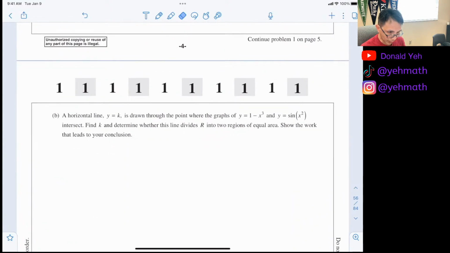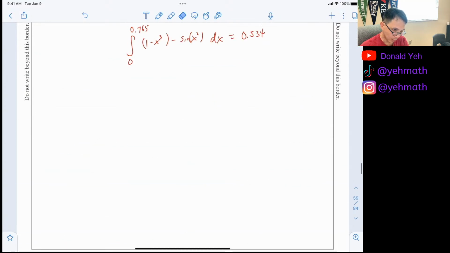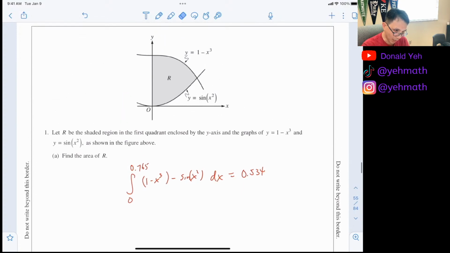The horizontal line K is drawn where the graphs of 1 minus x cubed and sine of x intersect. So a horizontal line is drawn to divide the region into two equal areas. Show. So the graph of this one, they say some type of horizontal line here.